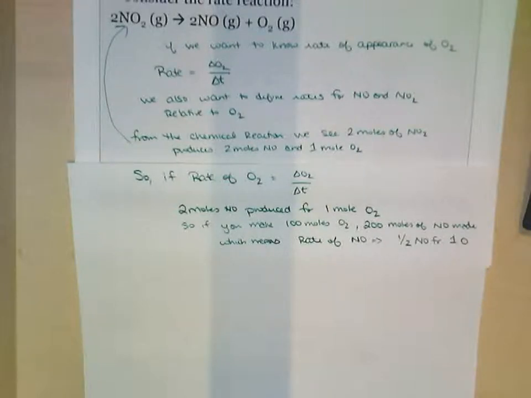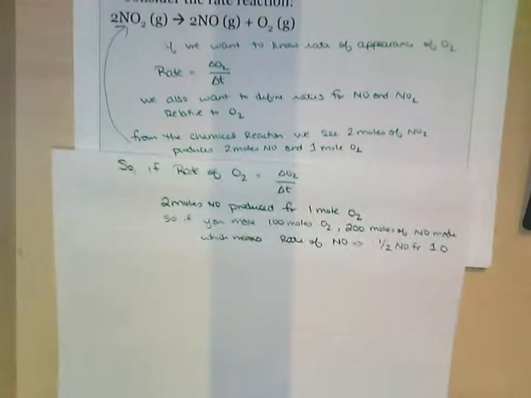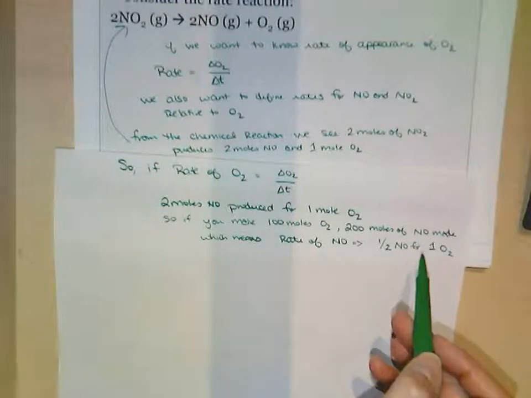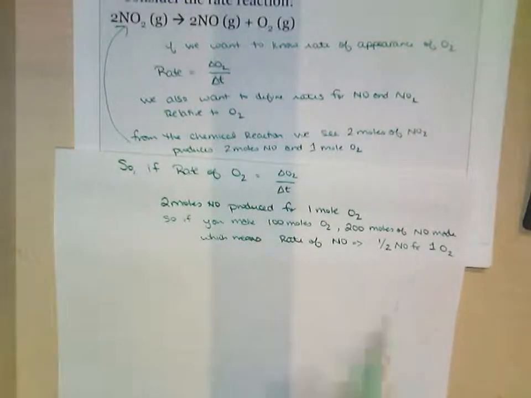I want the rates to be equal, so I can put equal signs in between them. Which means the rate of NO has to be half as fast as oxygen. So if you make 100 moles of oxygen, you're going to make twice as much NO. But I want the rates to be the same, which means I have to slow down the NO by half for them to both make 100.